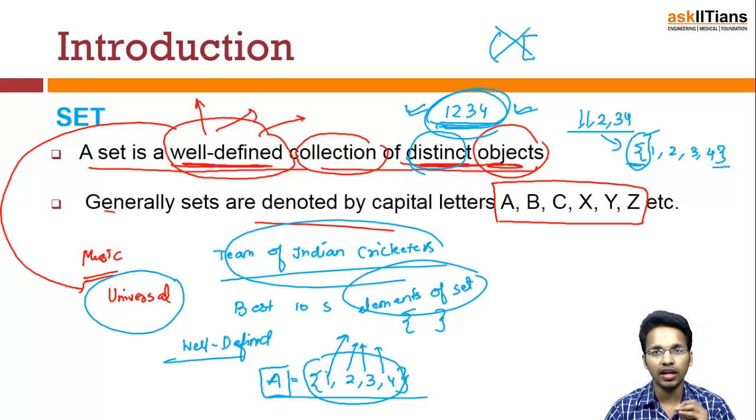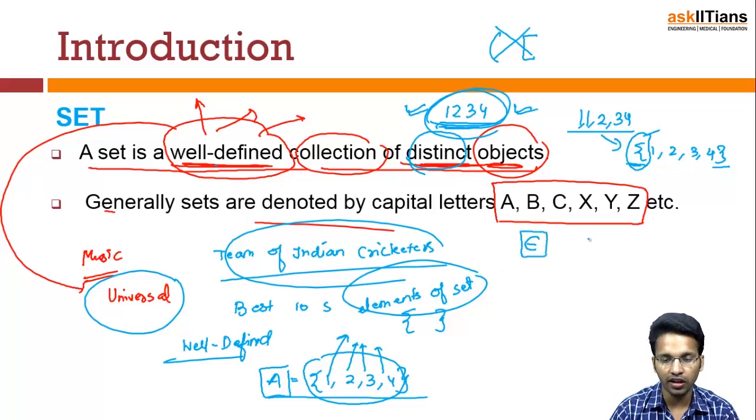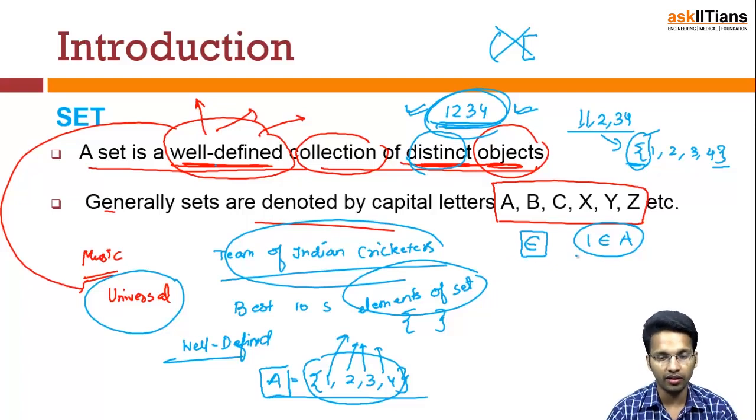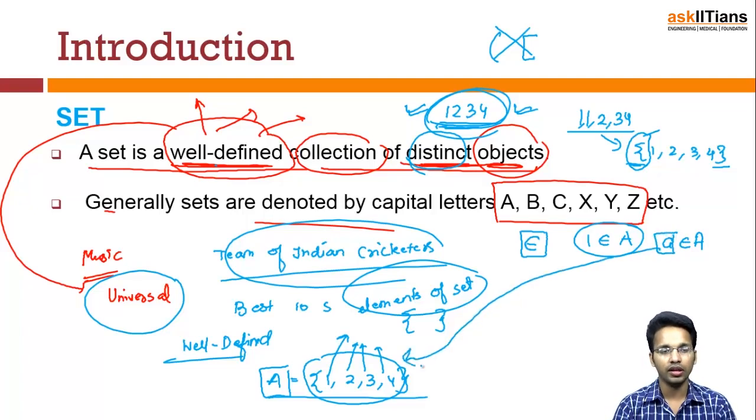So if I want to say that this element is a part of this set, then there is a symbol for that which means belongs to. Okay, this symbol means belongs to. If I want to say 1 belongs to A, this is how I am going to write. If I want a general element which I represent by small alphabet a, so that will be a belongs to A, capital A. Now this is a general element for which you can use the following conditions.